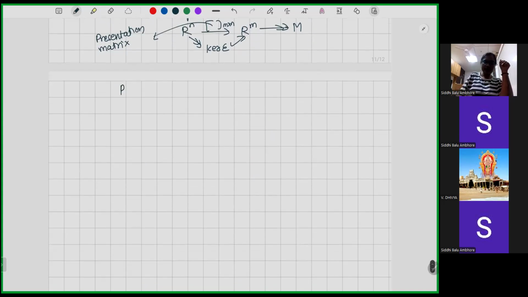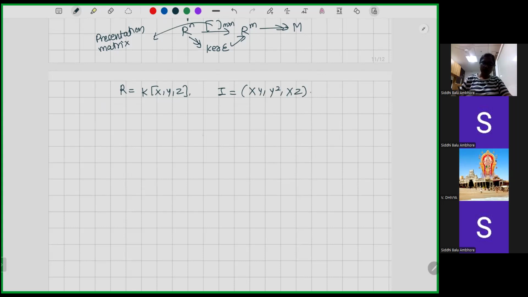So R is K[x, y, z], that is given, and I is (xy, y square, xz). Okay, so this is given. I is anyway a finitely generated ideal over R, so it is a finitely generated module. That's not a problem here.